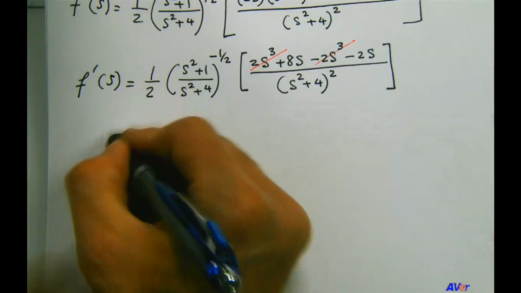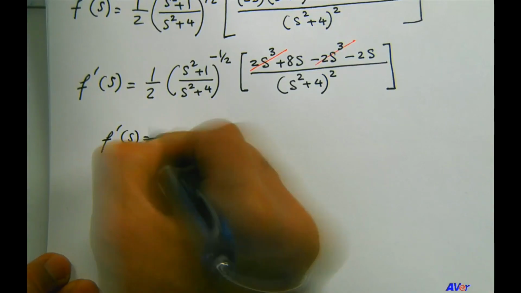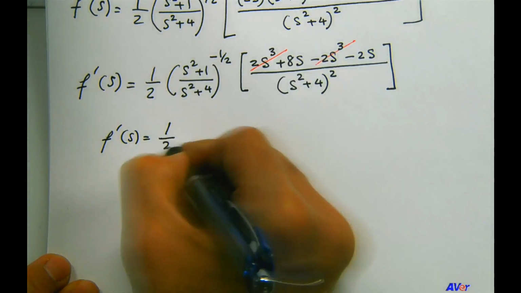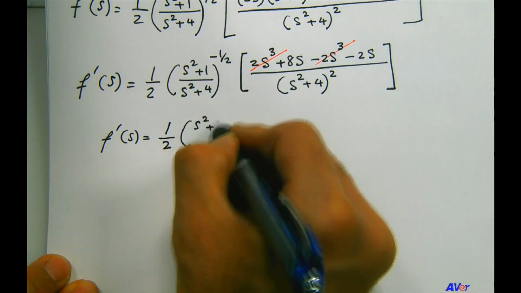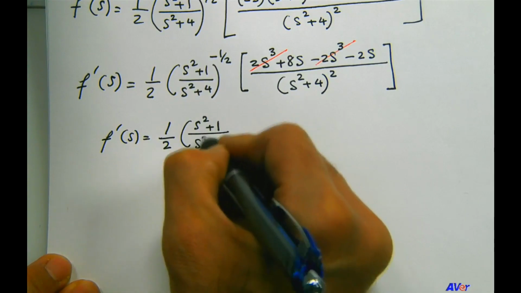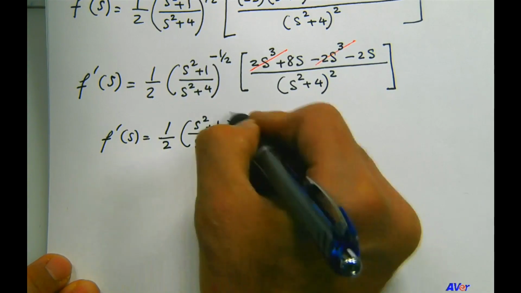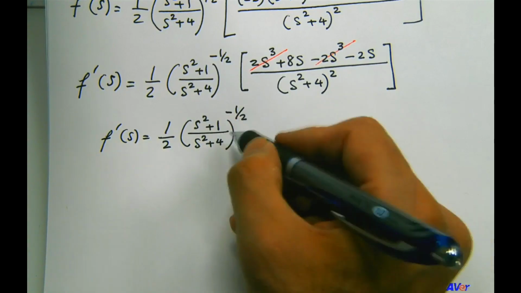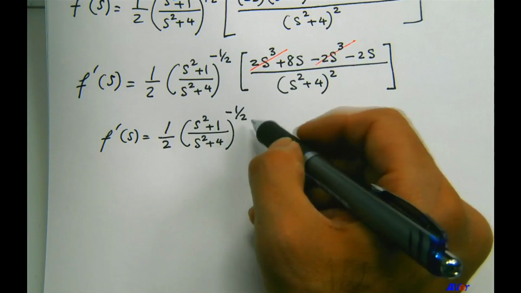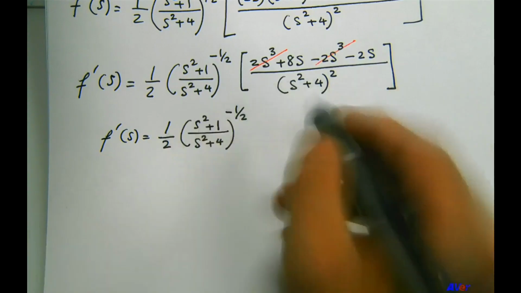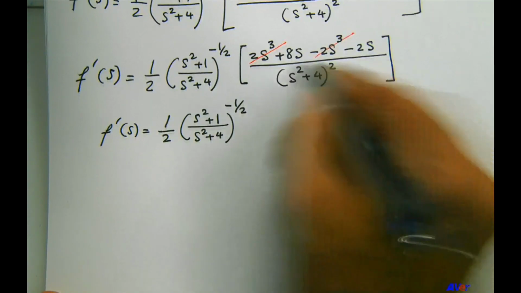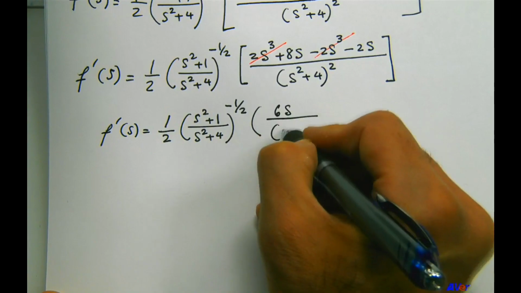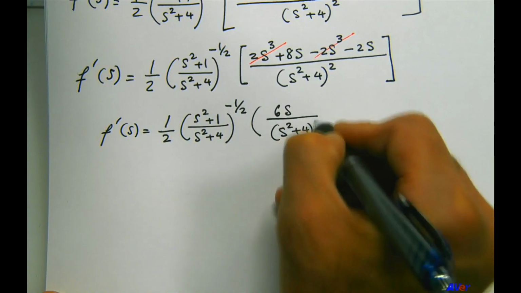So we have f prime of s is equal to 1/2 s squared plus 1, like that. I should have simplified this, but it's okay, I wrote it down. I'll do it next. And we have times 6s divided by s squared plus 4 squared.